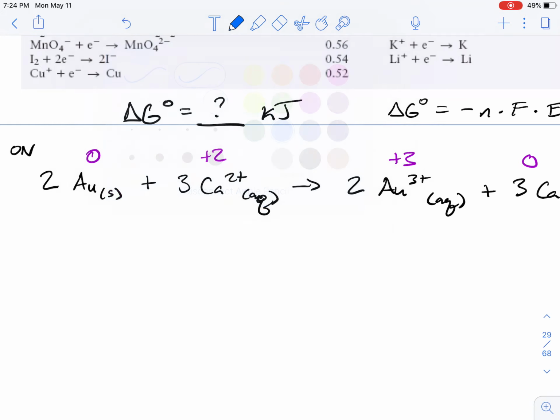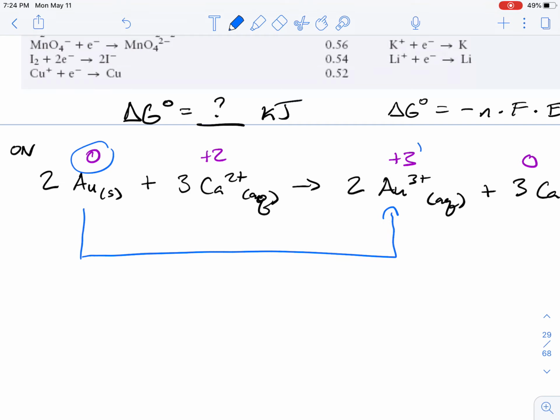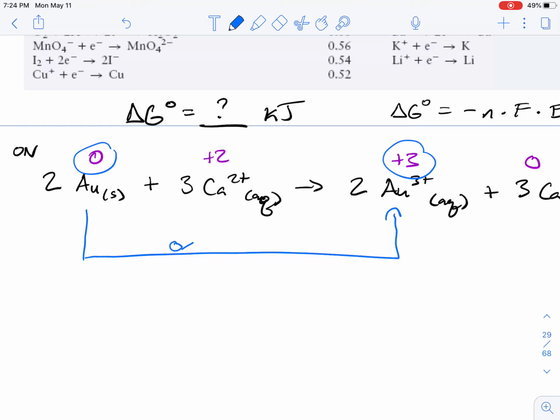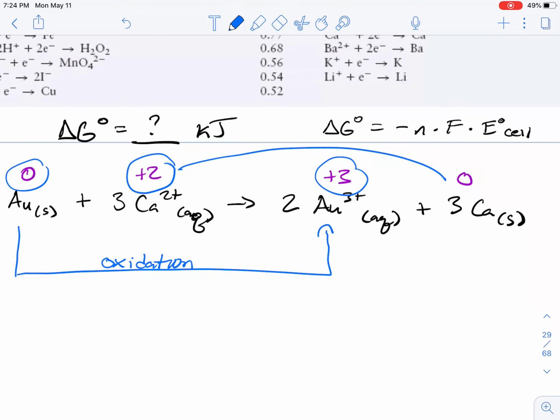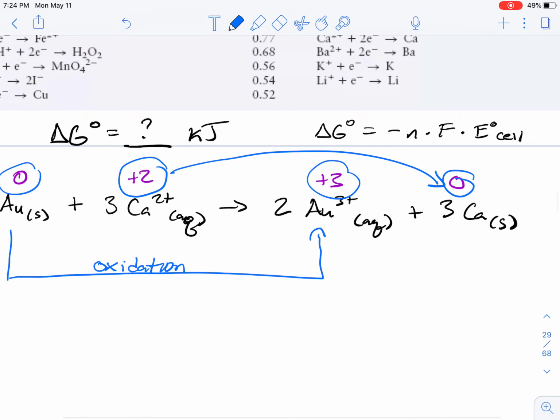And so according to my oxidation numbers for gold, notice that my oxidation number is increasing from left to right. And so that's telling me that gold is undergoing oxidation. And if I were to look at my calcium, my oxidation number is decreasing from left to right. So my calcium is undergoing reduction.